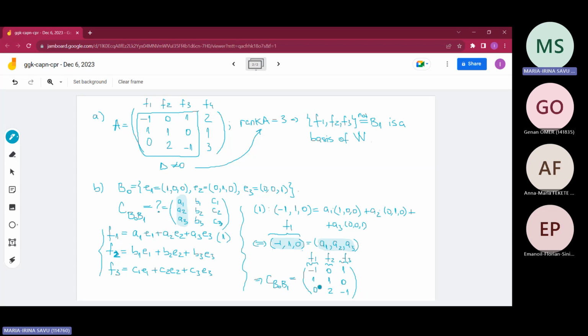So the solution of B consists of this line and this matrix, and that's all. You don't need computations.